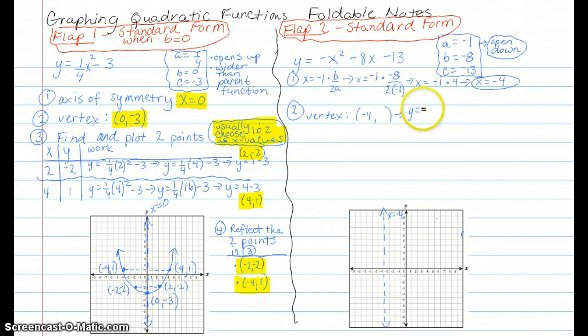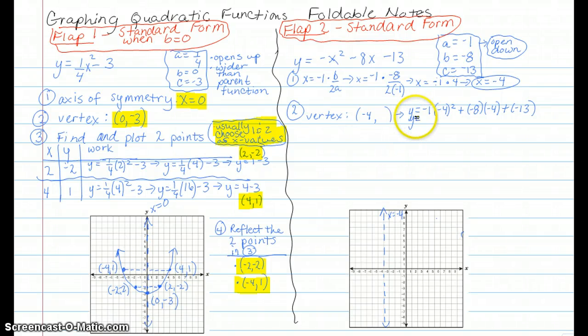So y equals negative 1 times negative 4 squared plus a negative 8. Again, I'm using the subtraction rule. Subtraction changes to addition. 8 changes to negative 8. X is negative 4. And then I'm going to change this to plus a negative 13. Again, I use the additive inverse or add the opposite to help me with that.